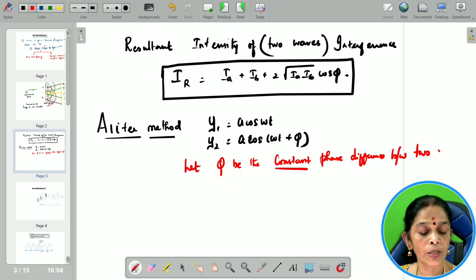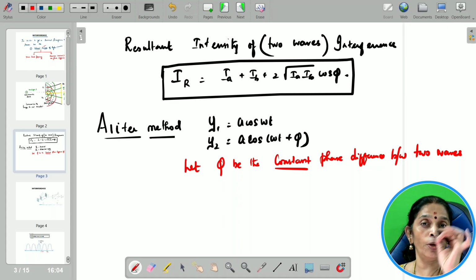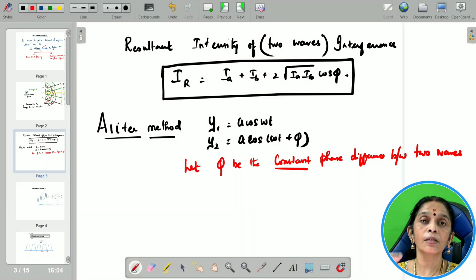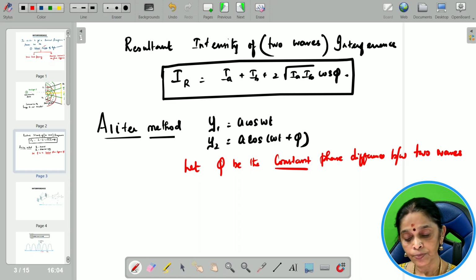two waves arising from what source? Arising from a coherent source. Why do we need a coherent source, children? Already we discussed, in order to get a sustained permanent interference pattern on the screen, we require a coherent source. So therefore, I'm using a constant phase, that means I'm using a coherent source, hence constant phase difference between the two waves is maintained.